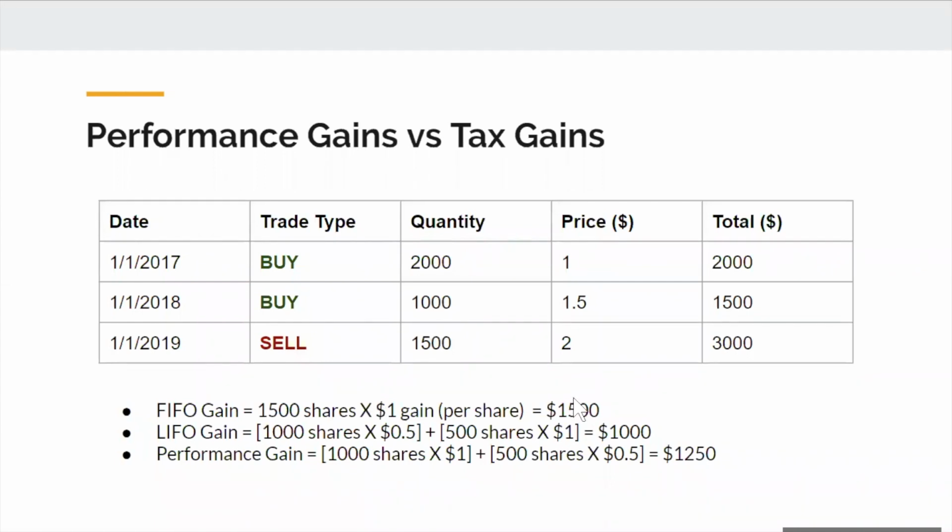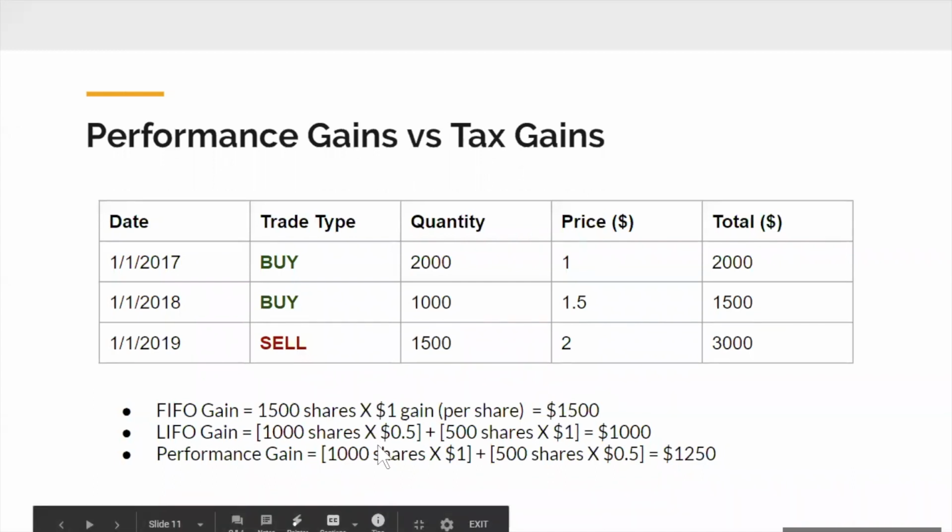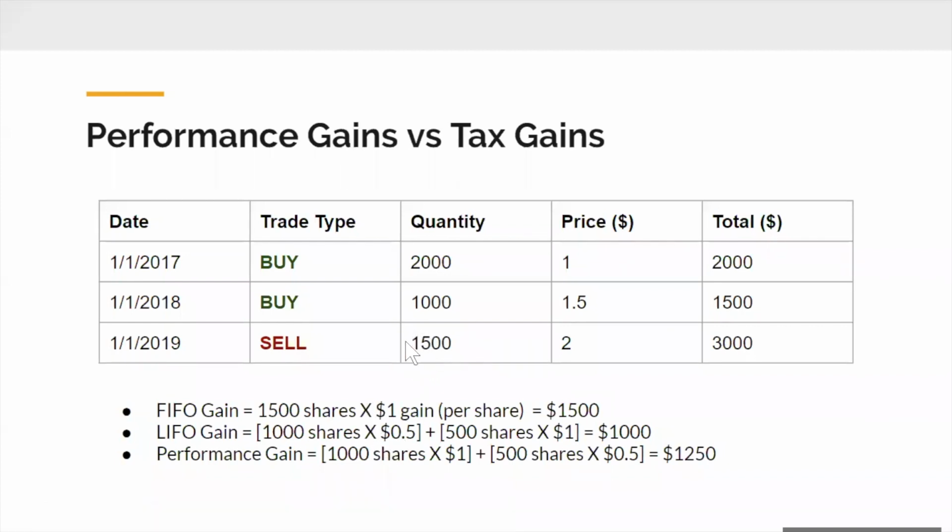Perhaps equally we could be in another jurisdiction where perhaps we can choose a sale allocation method that we can use, or we can do some parcel selection or whatever. So let's, for example, say that we used last in, first out instead. So in this case, we would first of all allocate out of the latest buy.